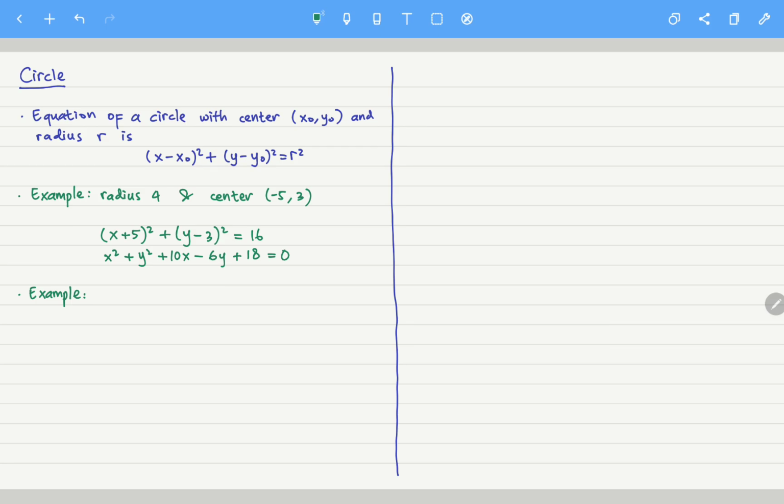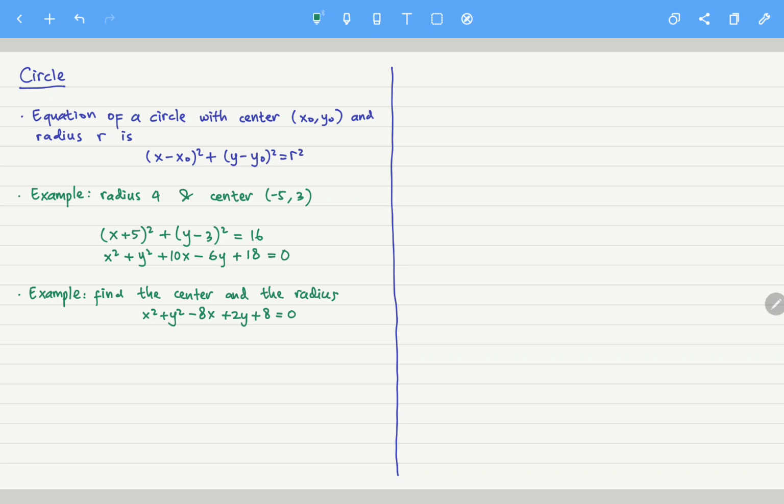Let's say we have the equation first, and then we are asked to find the center and the radius from the following equation: x squared plus y squared minus 8x plus 2y plus 8 equals 0.